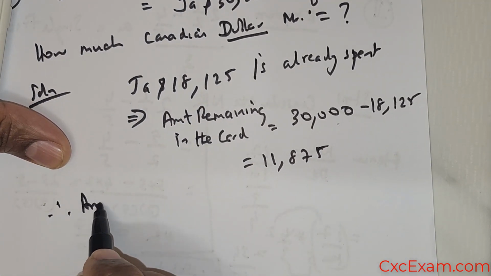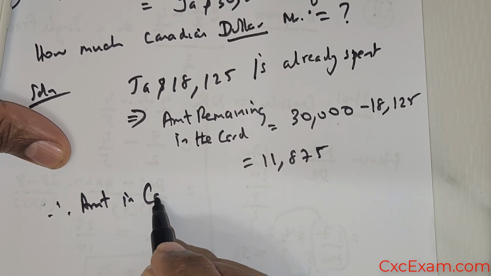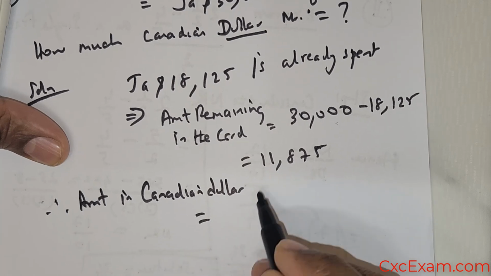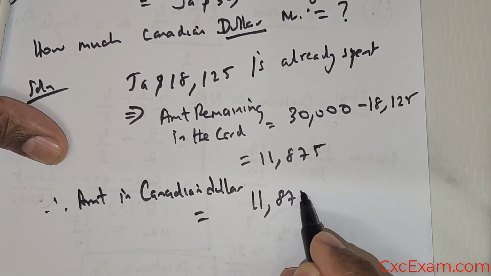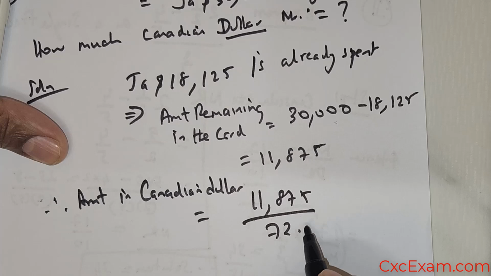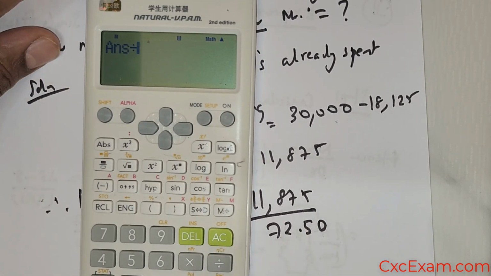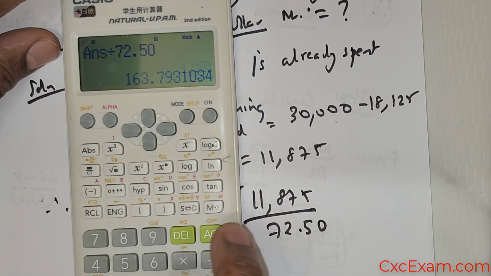So therefore the amount in Canadian dollar, how are you going to find out? You take 11,875 and divide it by 72.50. So what do you get?